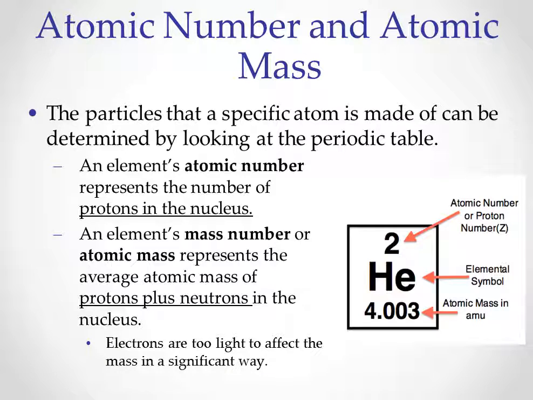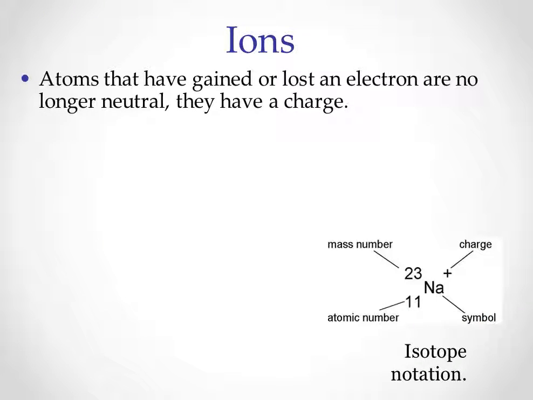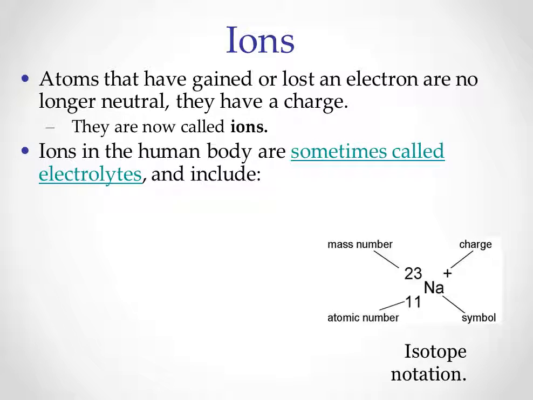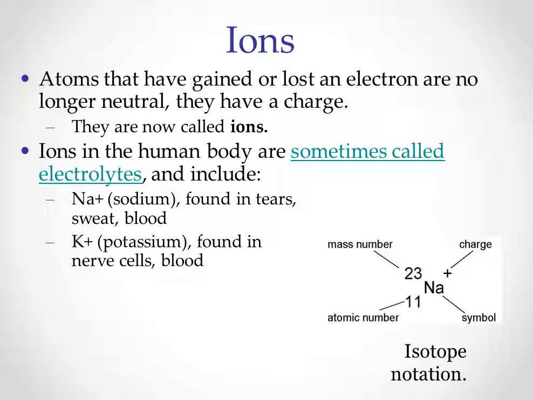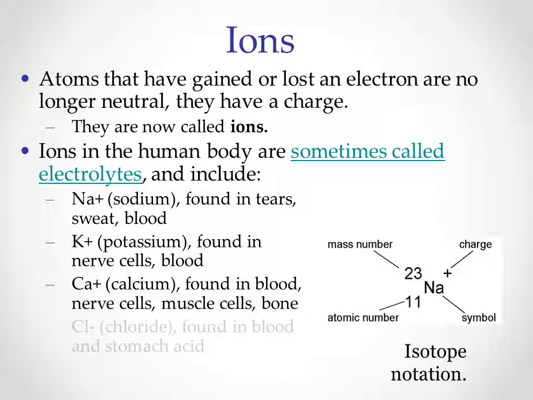Okay, so if we take one of so we don't really count them. Now an ion. An ion basically means it's an atom that either can gain or lose electrons.